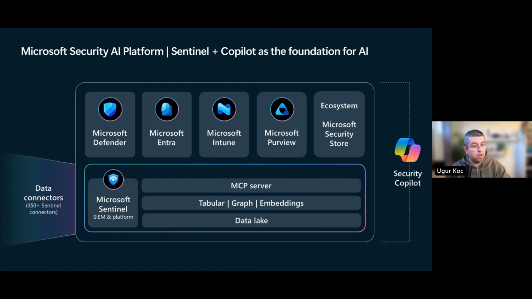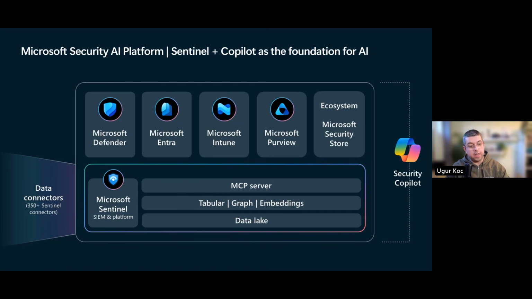And then on top of all of this are the typical Microsoft services: Microsoft Defender, Microsoft Entra, Intune, and obviously Purview. Then you also have the security store with all its agents, first party and third party. And Security Copilot now really is the reasoning layer that sits on top of this and helps you reason on top of your context.